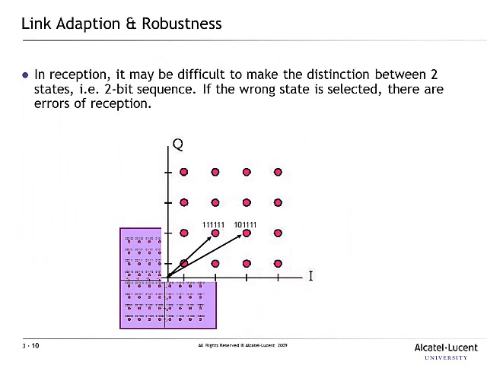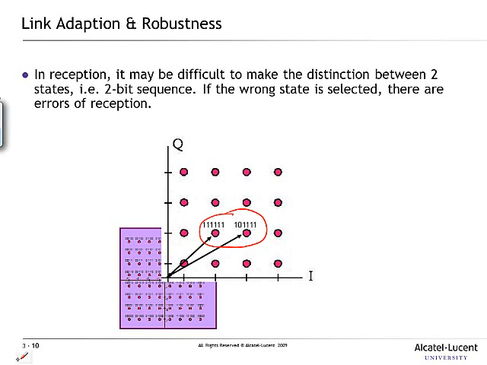Now, one of the things that happens is, if you look at these 2 phases in this diagram, they're very close. There's a very small difference in amplitude, and a very small difference in phase. Noise can cause problems: you may transmit the phasor corresponding to the 6 ones.